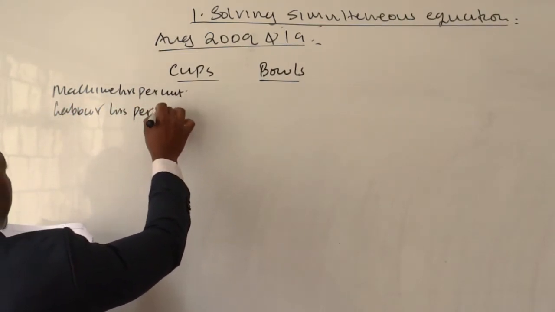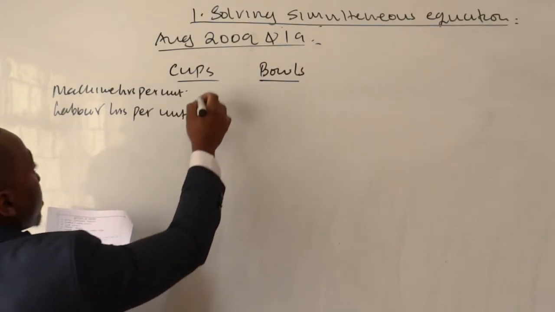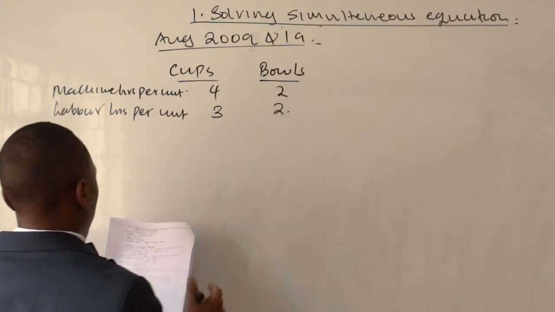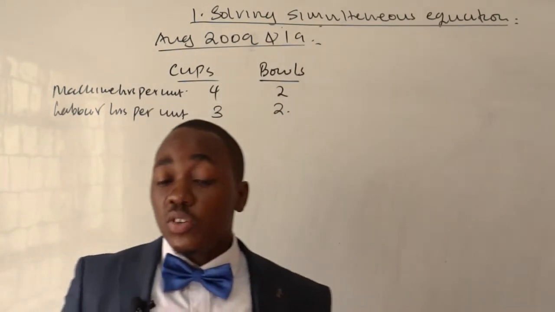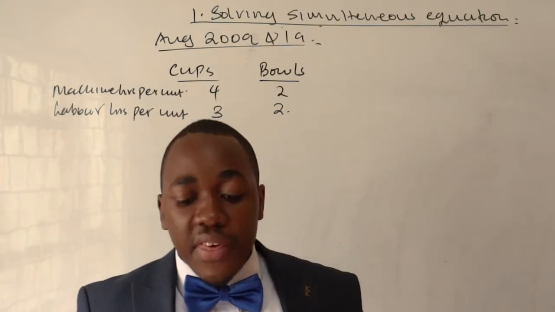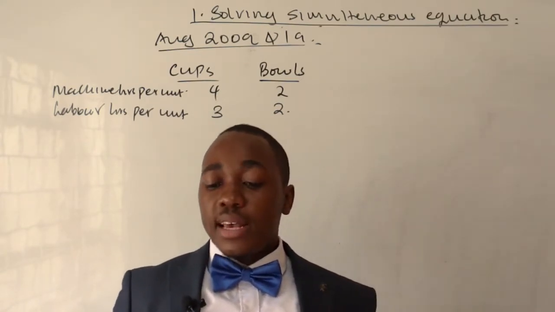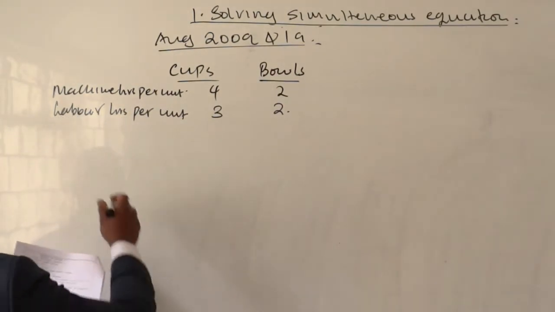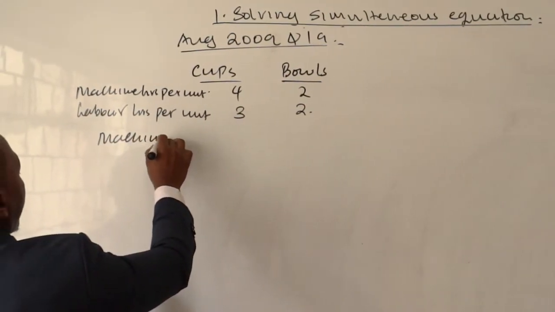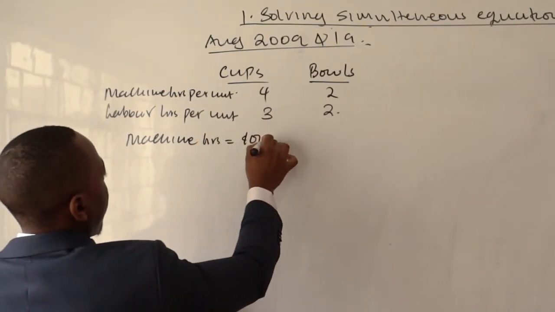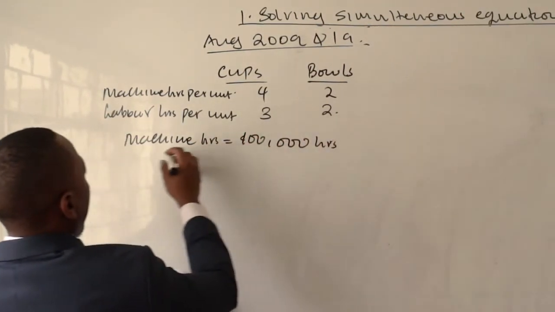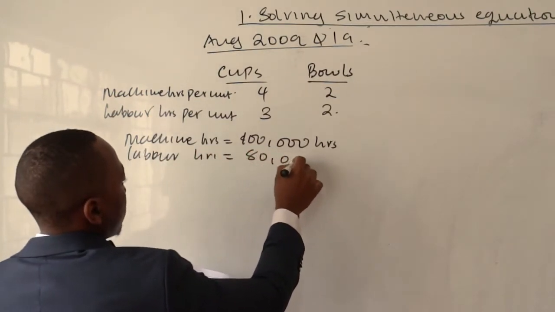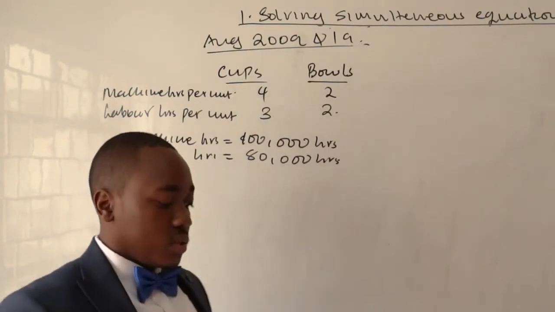For cups we have 4 and 3; for bowls, 2 and 2. Then you are told that the available machine hours and labor hours are 100,000 and 80,000 respectively. So that's the information given.